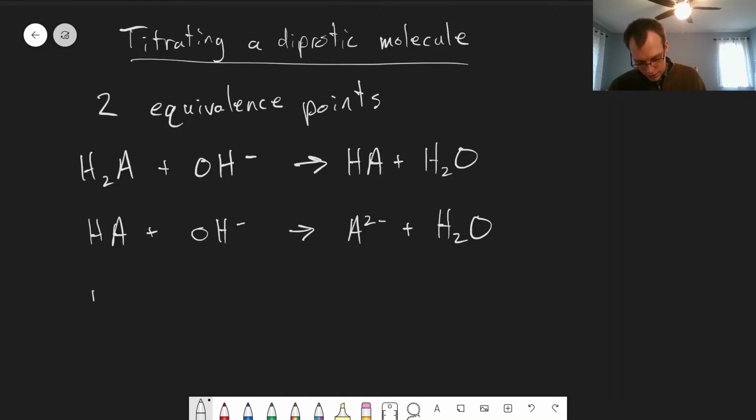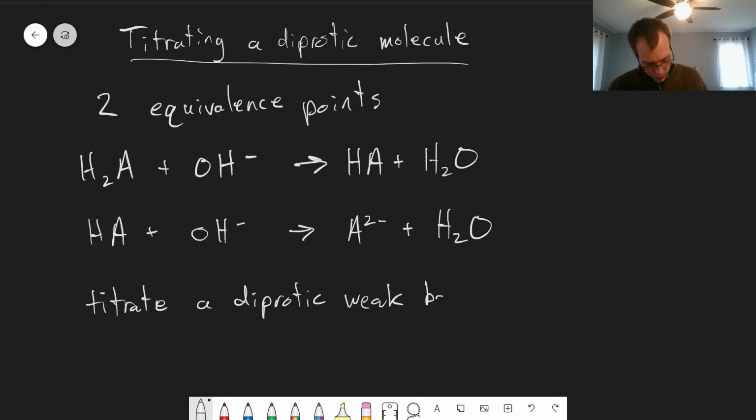So let's titrate a diprotic weak base, and we need to know its pKb values. So pKb1 is equal to 4, and pKb2 is equal to 9.